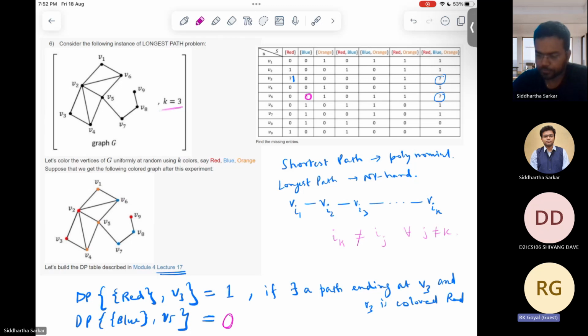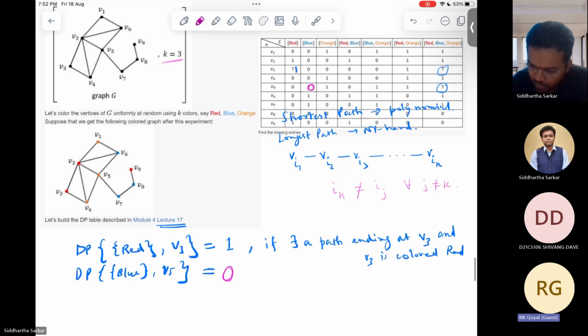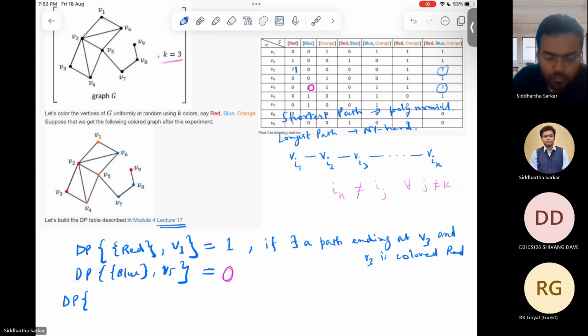So I do not find any point in defining this in this way; we can straightaway say whether the color of the vertex V5 is blue or not. Yes, it is a base case. It will become more clear when we look at the table entries later in the table.